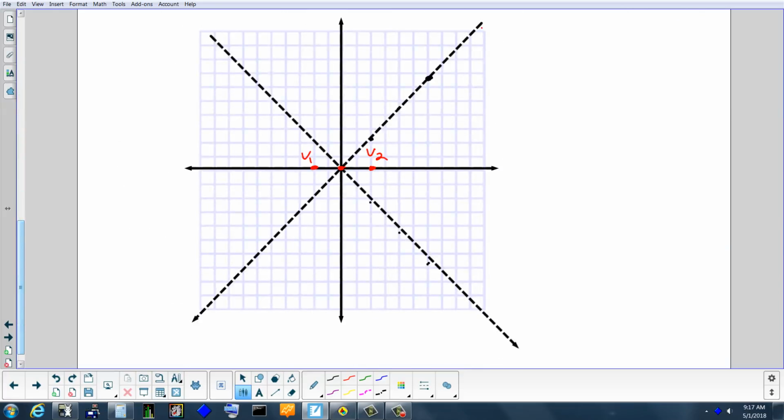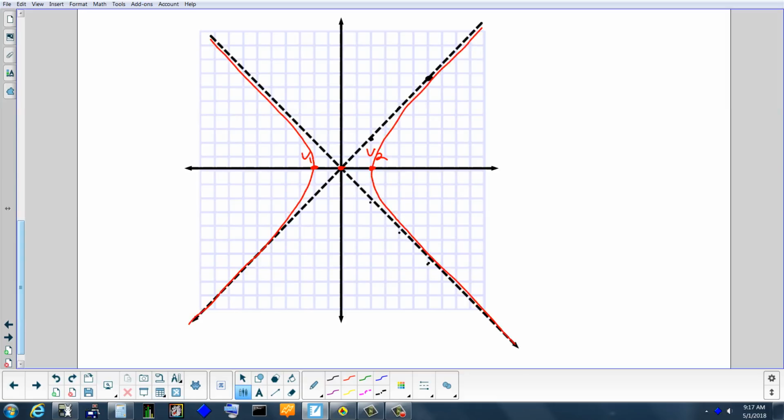Make sure your curve gets closer and closer to the dotted lines as you sketch it. So something kind of like that. And on the other side as well. Yeah, it's as good as I can do. So that's what your hyperbola looks like.